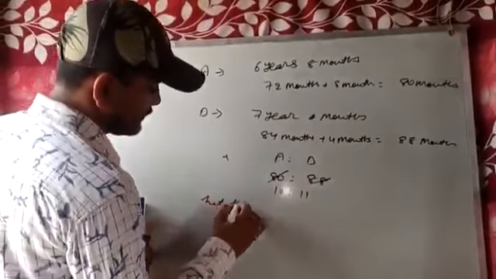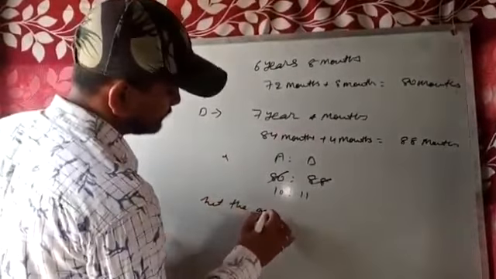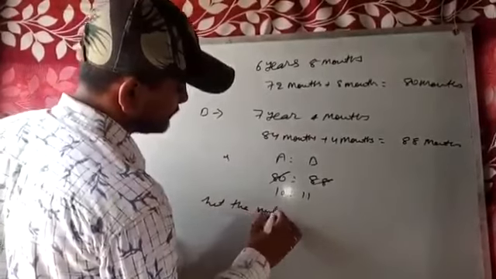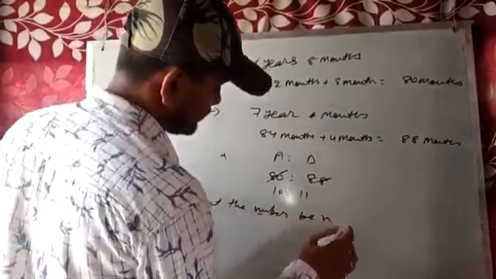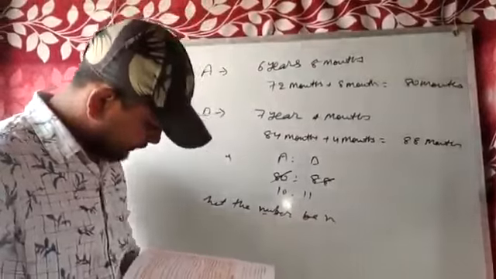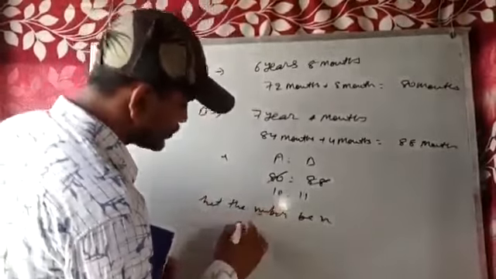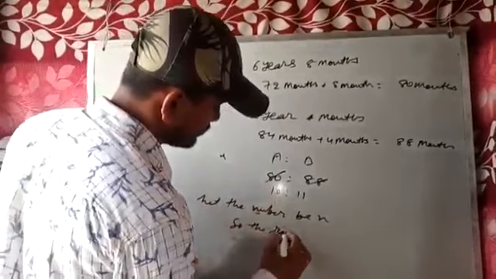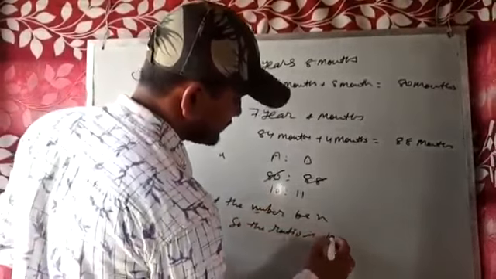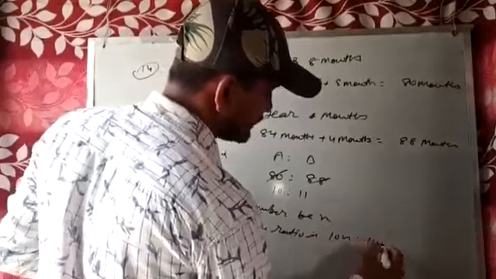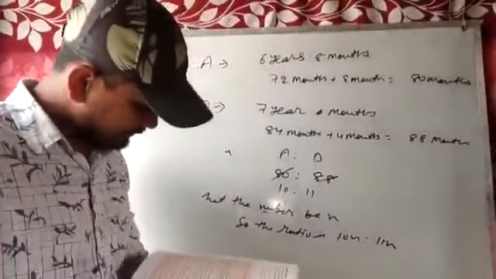Now, let the number be x. We have to distribute 3,150 rupees. So the ratio is 10x is to 11x. Clear?